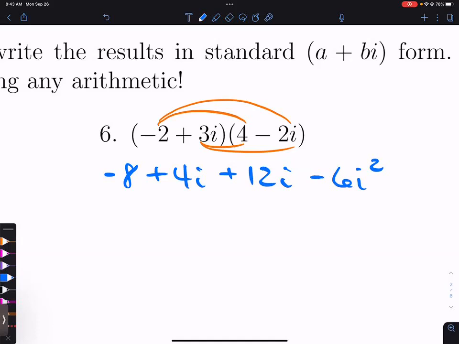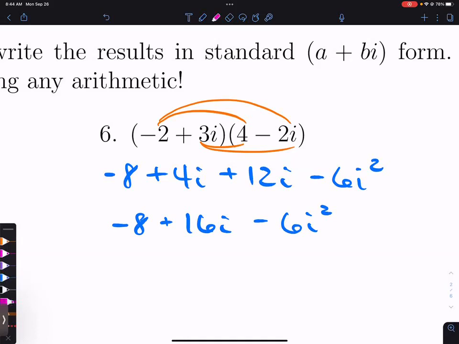Okay. What can we do to clean that up a little bit? Add the 4i and 12i. What else? i squared is negative 1.